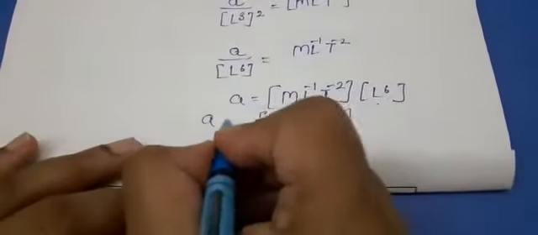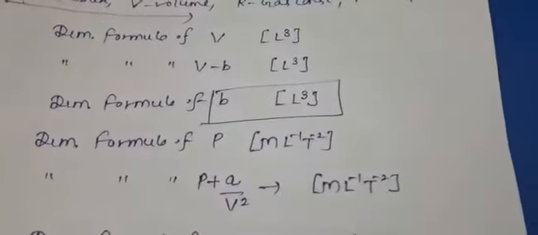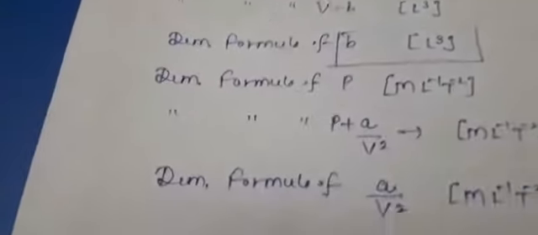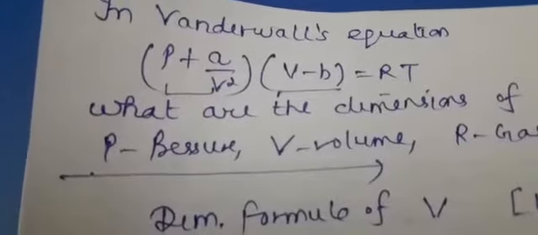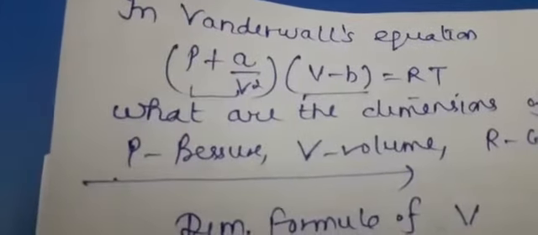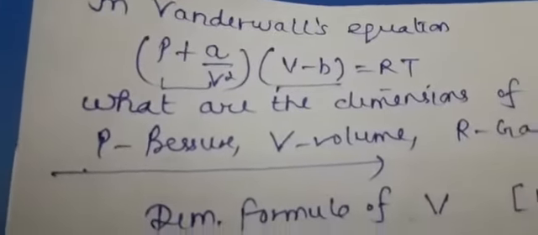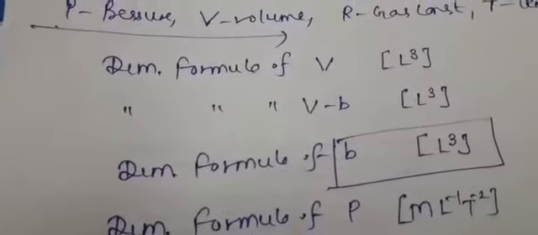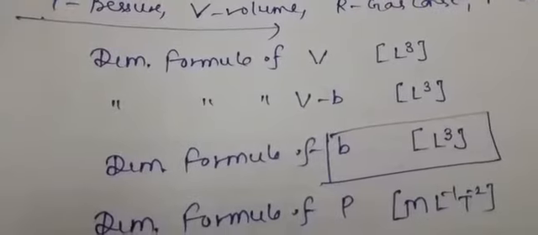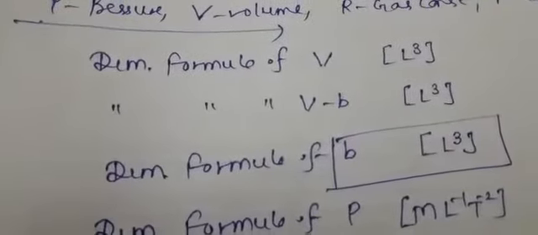So a will have this dimension formula, and b has the dimension formula L³. So you can see what we have done: the statement gives the product of two terms, one in the form of a sum, another in the form of a difference. Firstly we take one term, V minus b, and calculating the dimension formula of b, it is the same as volume.